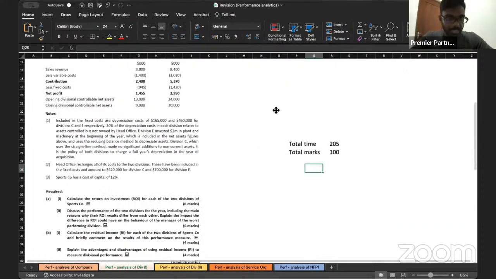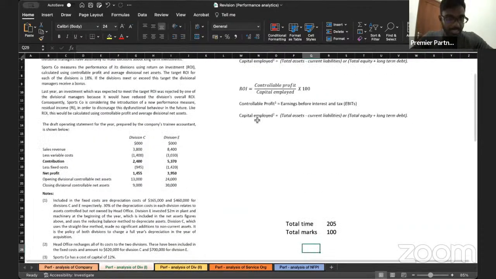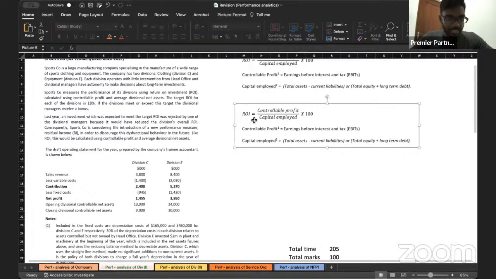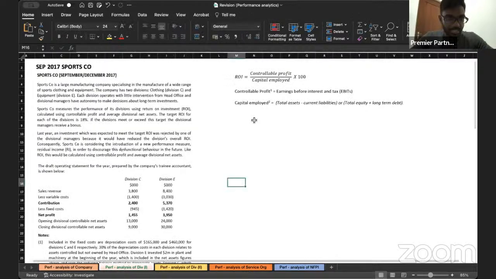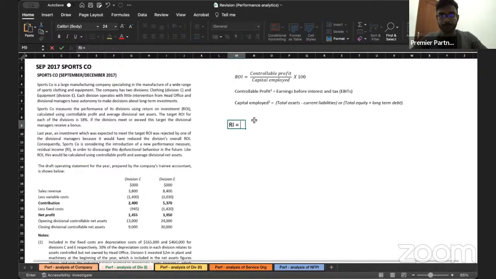ROI is very simple. Then you have RI. How do you calculate RI? RI is controllable profit minus notional interest on capital.